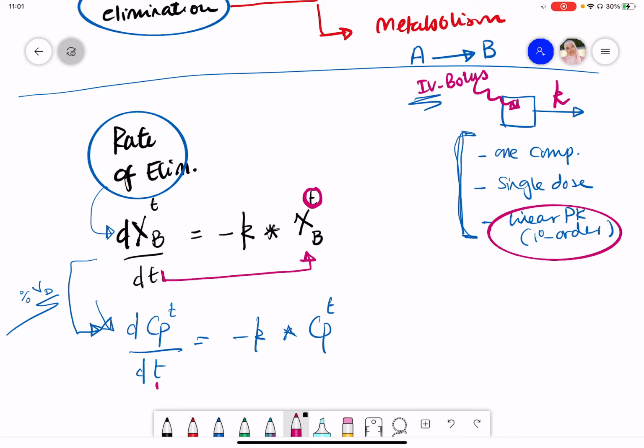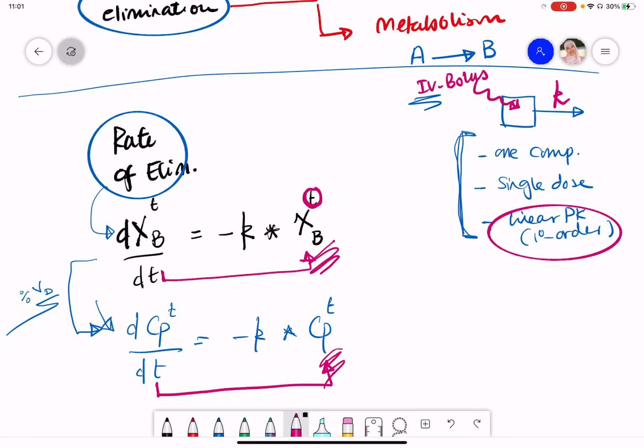And similarly, the rate of elimination in concentration terms is directly proportional to the concentration measured in the plasma at time t. Which means as the amount is changing, as the concentration is changing, the term that we are using to describe the rate of elimination here is not constant.